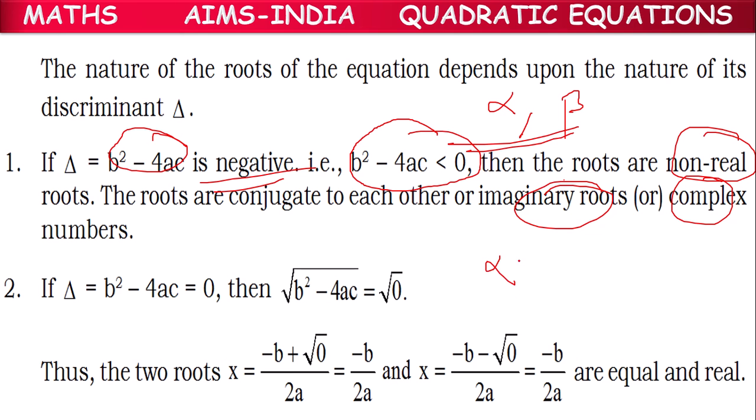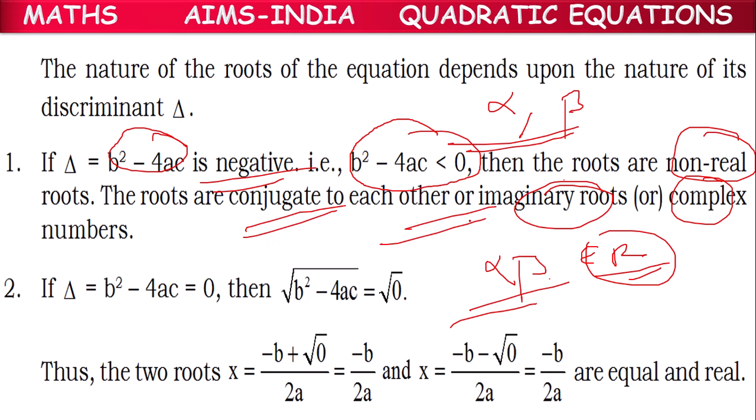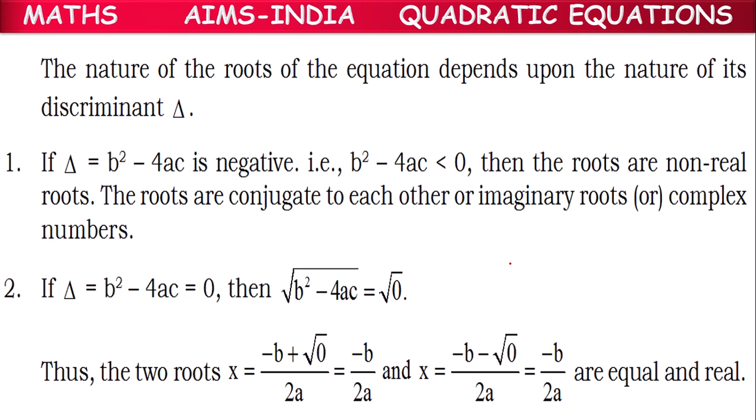But if you take their product, it belongs to the real numbers. So they are called conjugates of each other. If we multiply two imaginary numbers and their product is a real number, they are said to be conjugate to each other.